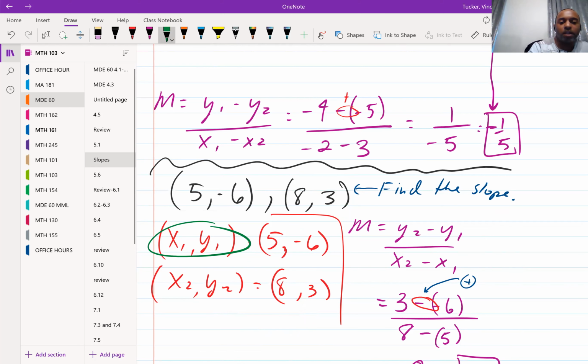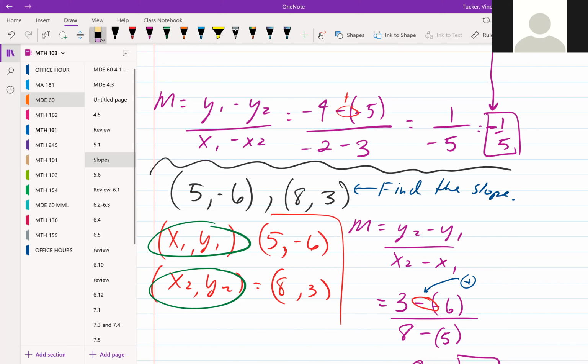And if I call another point 3, it will be x3, y3. It's always X and Y for the points. So 5 would be the x1, and -6 would be the y1.